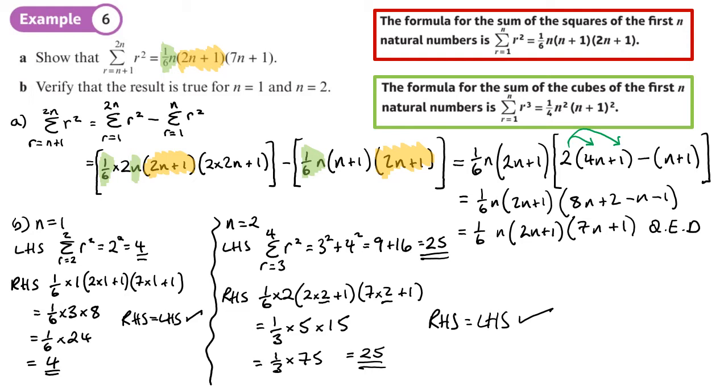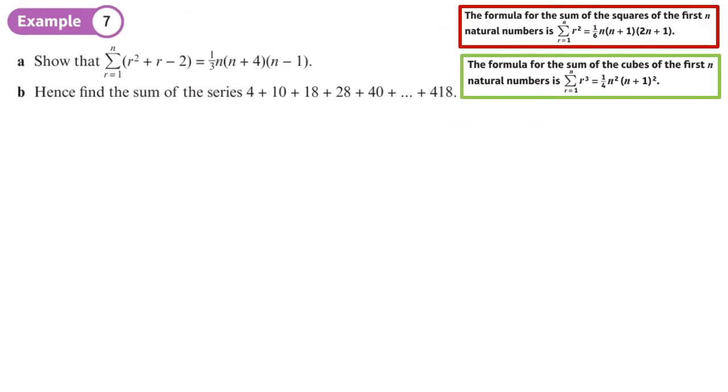So we've proved the statement is true for n equals 1 and n equals 2. And when you get onto proof by induction, you're going to find that this forms one of our first steps of the proof. Show that statement equals the other statement. Right, so first thing that we're going to do, we start from 1, which is nice.